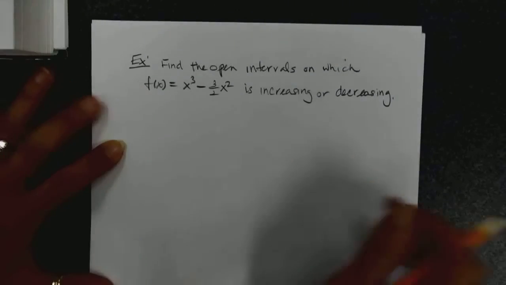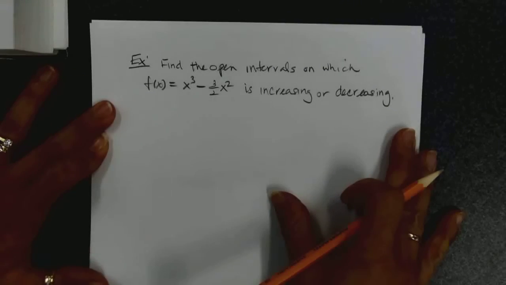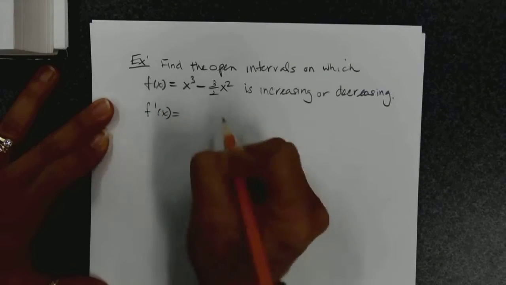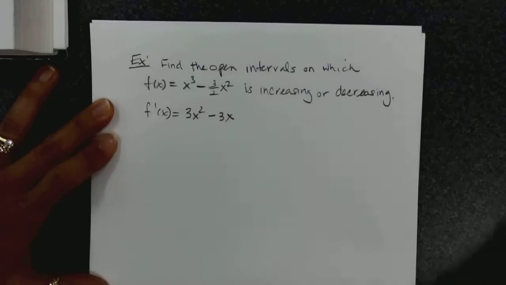So first of all, we know that this function is continuous everywhere and it is differentiable. So the next thing we have to do is determine its derivative, which is 3x squared minus 3x.